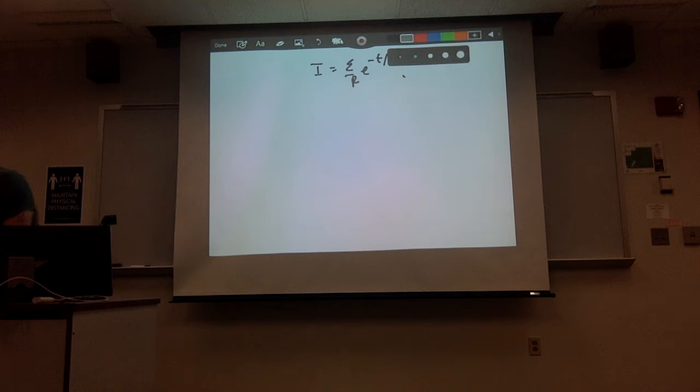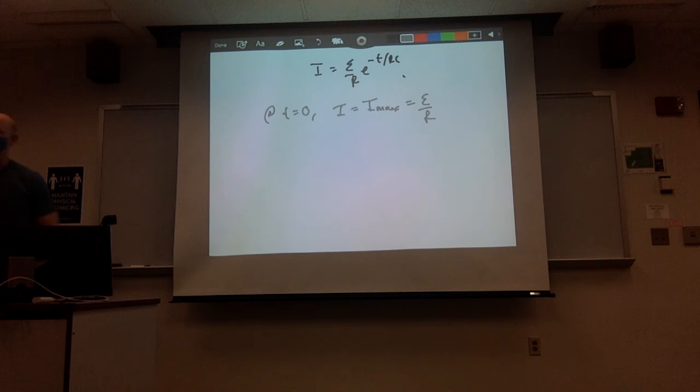Well, this thing again says that at t equal to 0, my current is equal to the maximum current, which is simply equal to E over R, which is what we said it should be. As time goes to infinity, in this case, the current is simply going to be equal to 0 because again, the exponential will be equal to 0. So again, our current will go to 0.